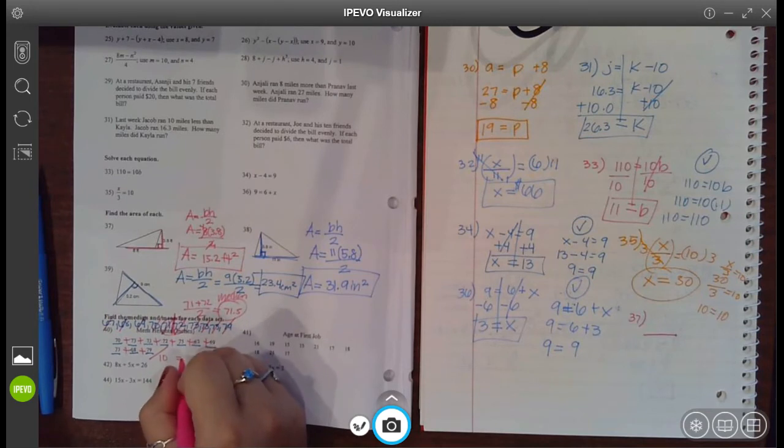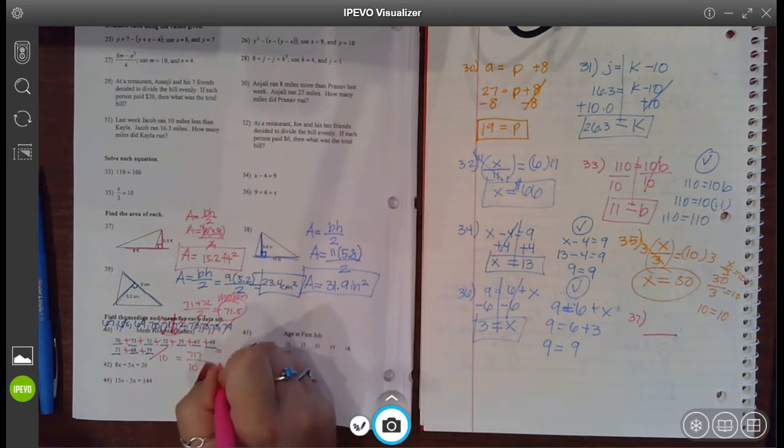What do you get? 717, and you're going to divide all that by 10. So you get 71.7 for your mean.